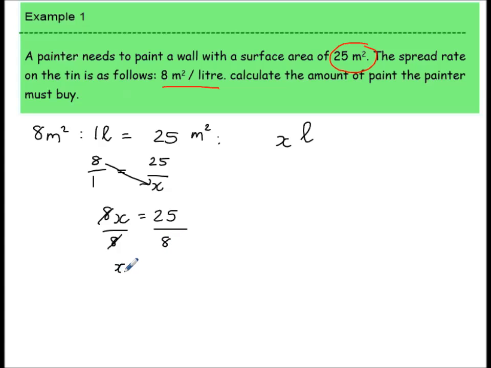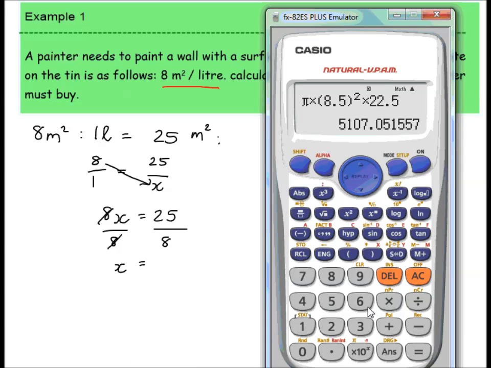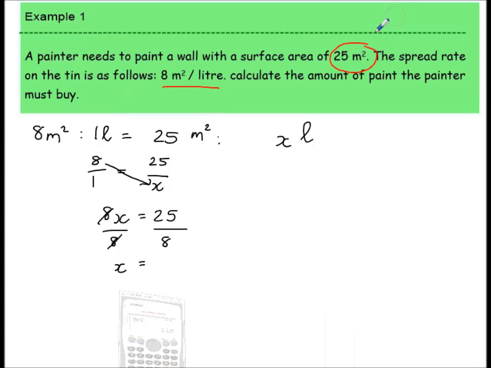So we say X equals 25 divided by 8. 25 divided by 8 equals 3,125. What was X? X was liters, so I have 3,125 liters.